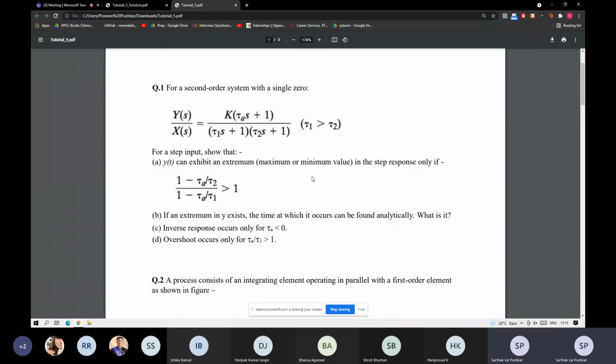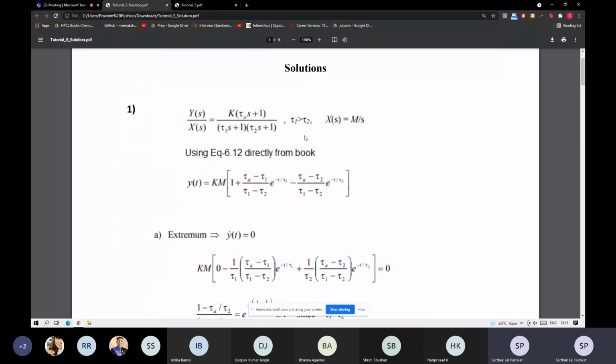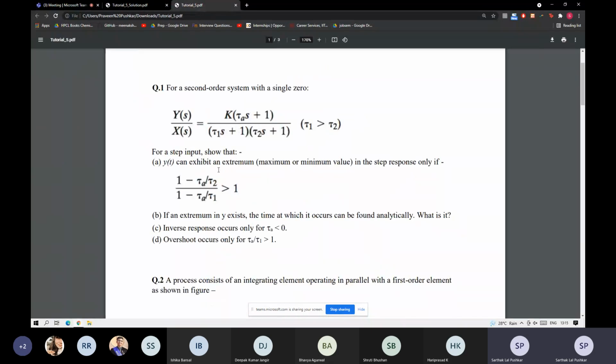Because it was a step input, we know that x of s was taken as m by s, and so you can find y of t as this equation by Laplace transformations. The first part was that y of t can exhibit an extremum in the response only if this quantity is greater than 1.